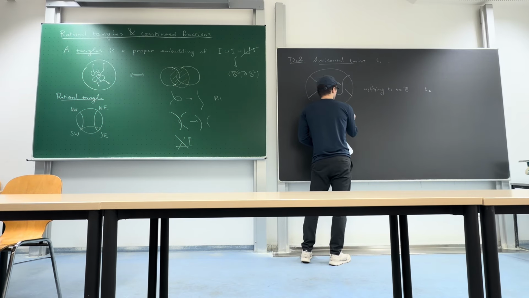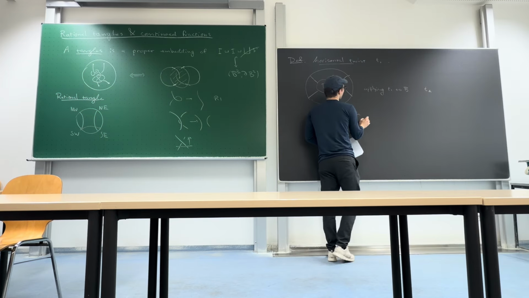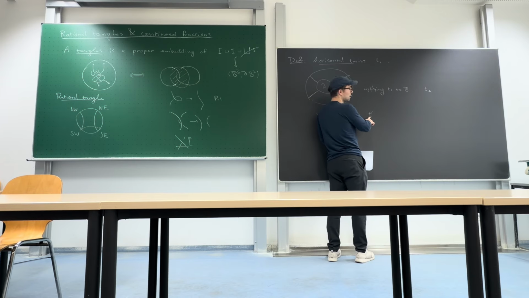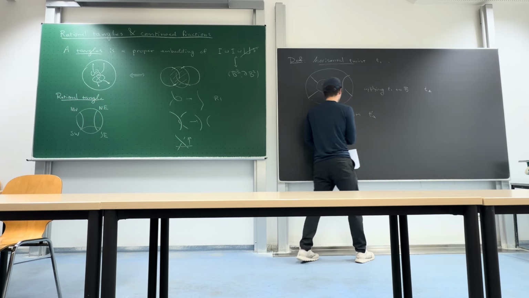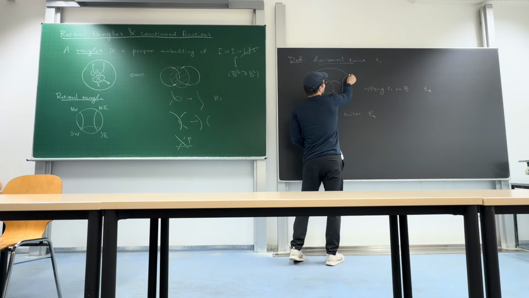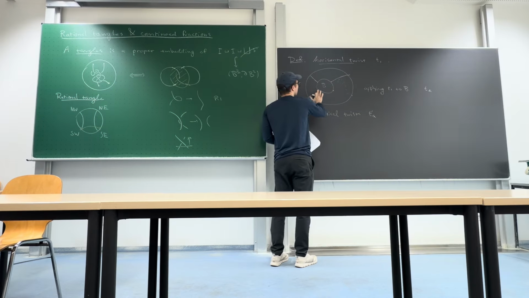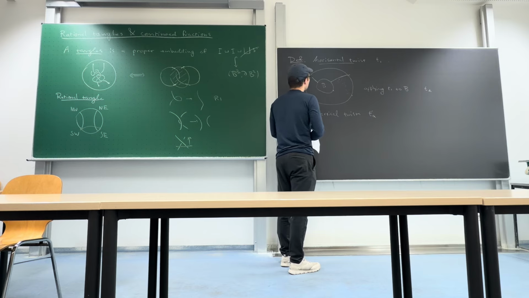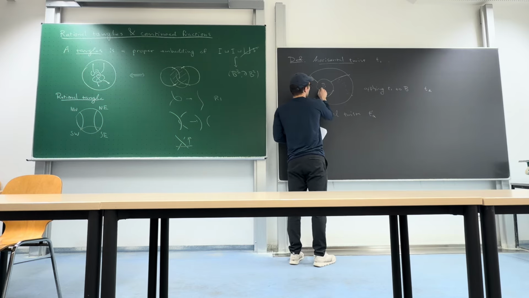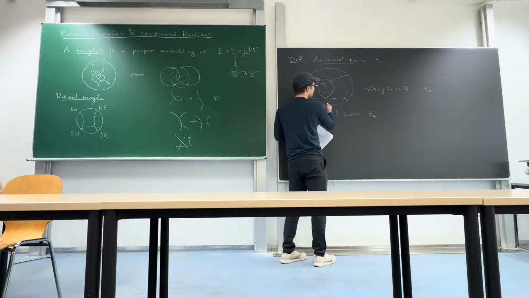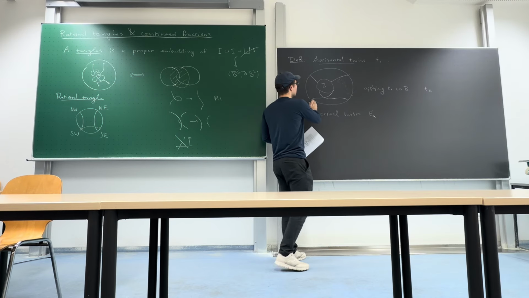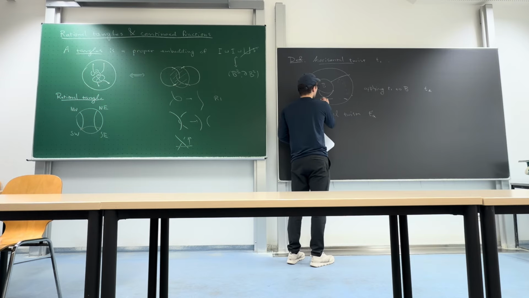We denote them by a prime, T prime of A, where instead of doing the swap here, we're doing the swap down here. So this would be T prime 1.